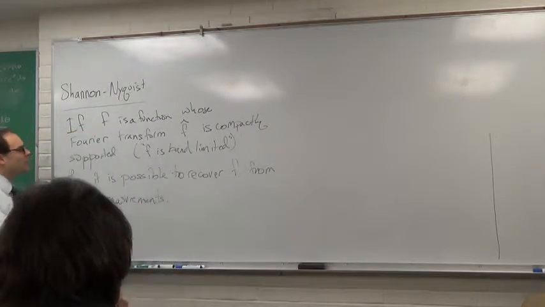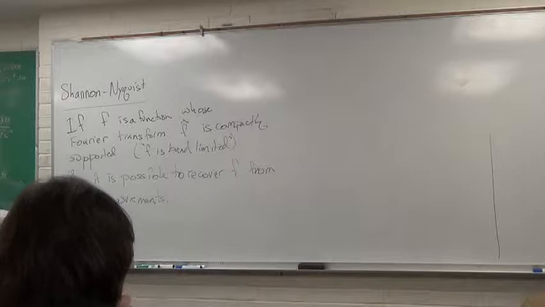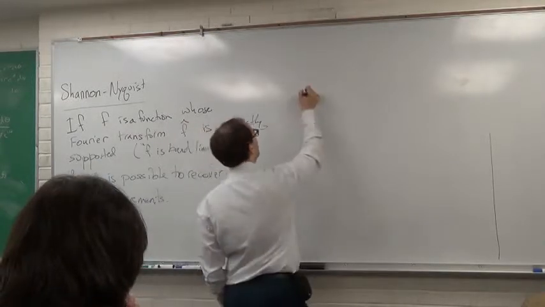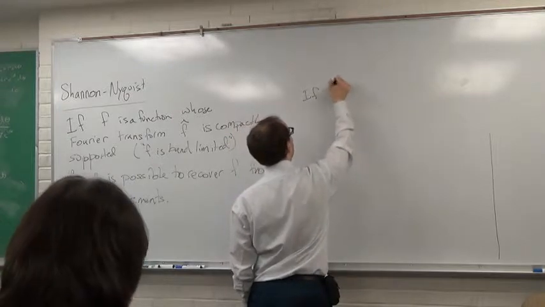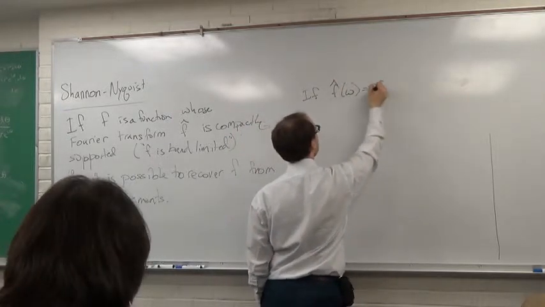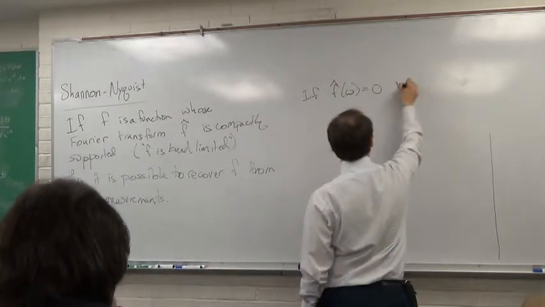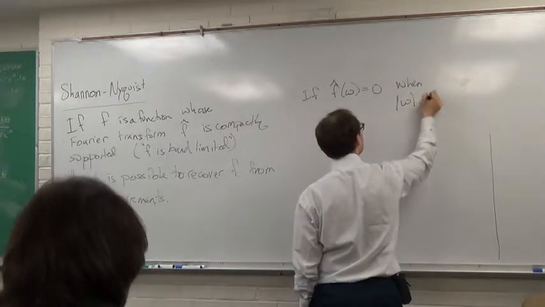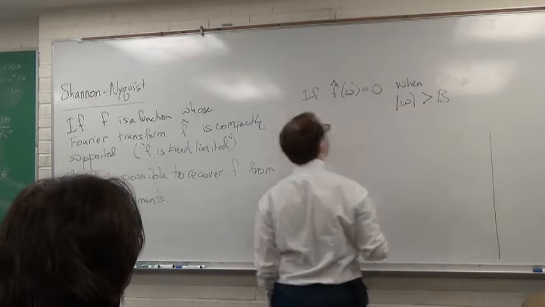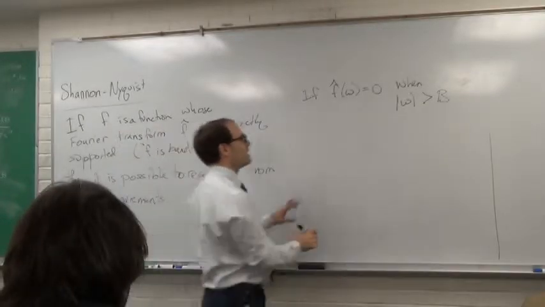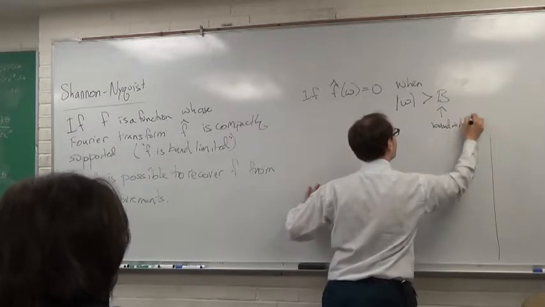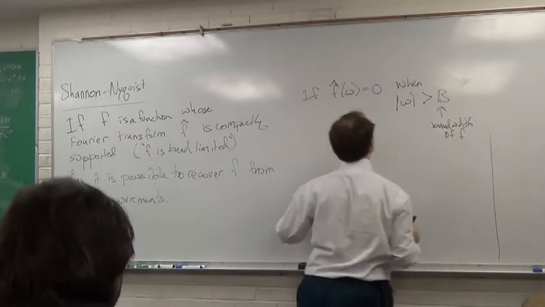So let's drill down into this. This is a very imprecise statement. Let me be a little more precise about it. So if f hat of omega is equal to 0 when the magnitude of omega is greater than b, that b is called the bandwidth of f.